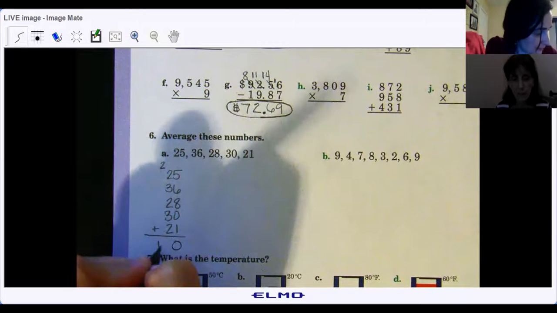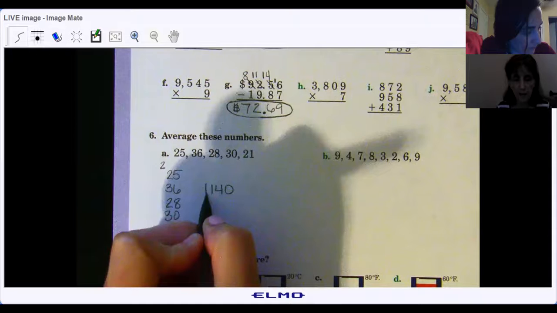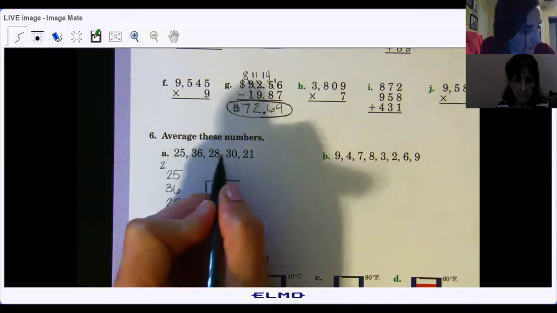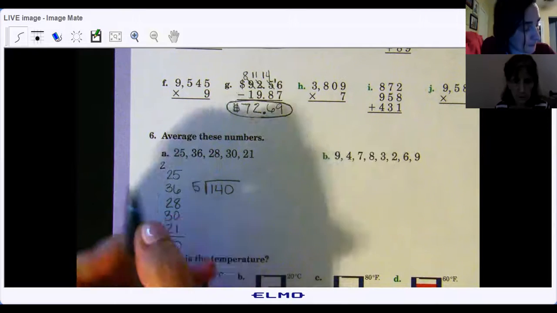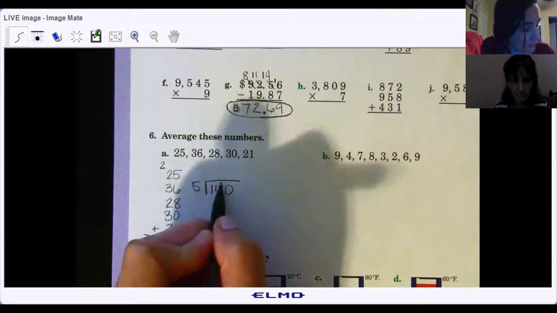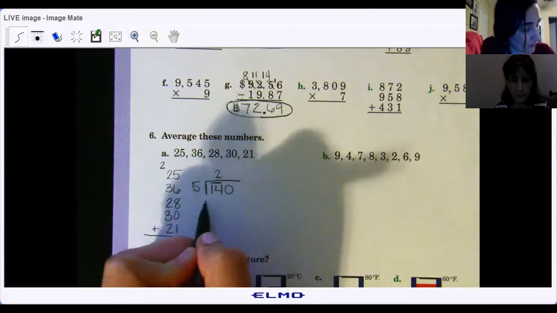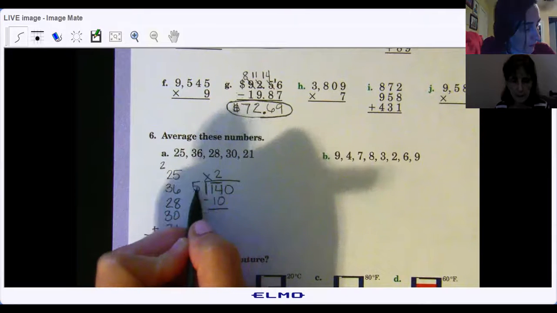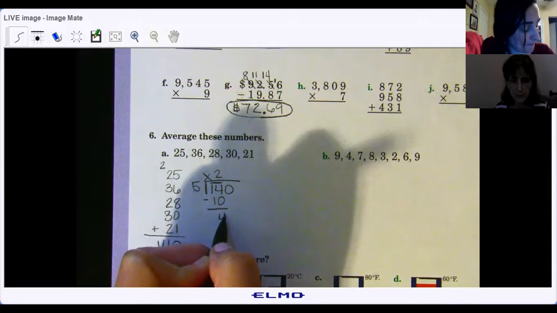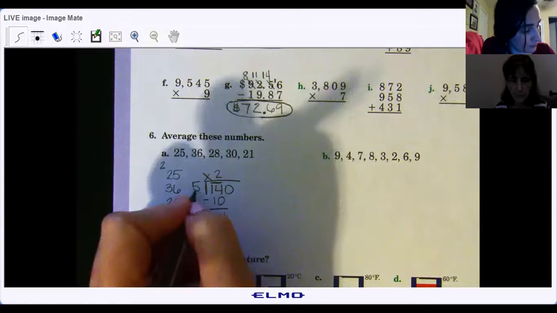All right, so we have 140 divided by how many? 1, 2, 3, 4, 5 add-ins. So 140 divided by 5. 5 will go into 14. 2 times 5 is 10. And subtract. 4 is your remainder. 5 won't go into 4.